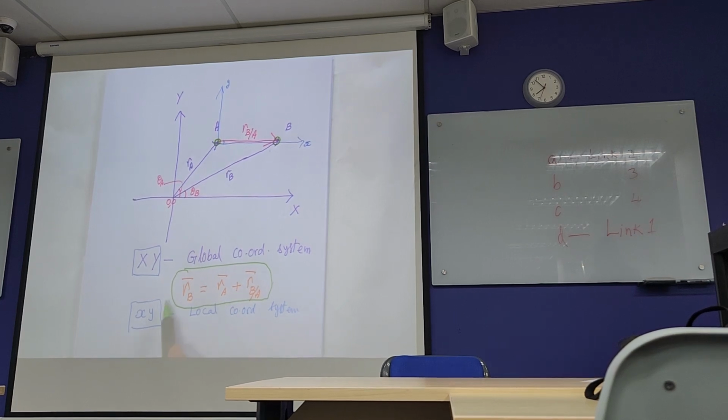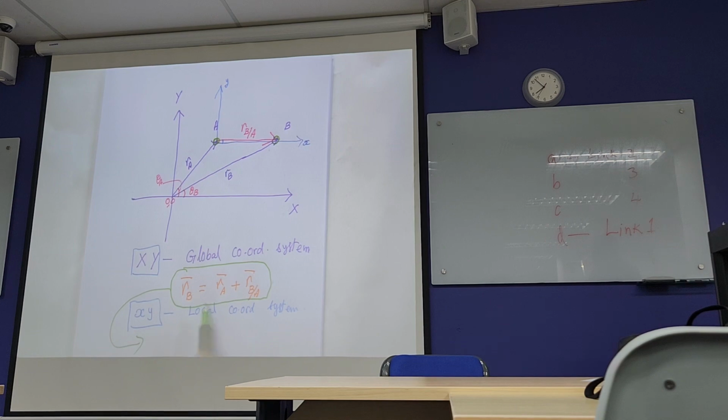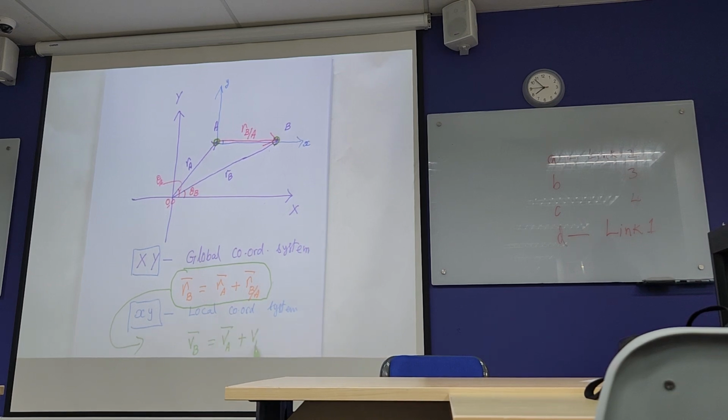So I can take the differentiation of this. I can also write velocity of B equals velocity of A plus velocity of B to A. Again, this is a vector equation.